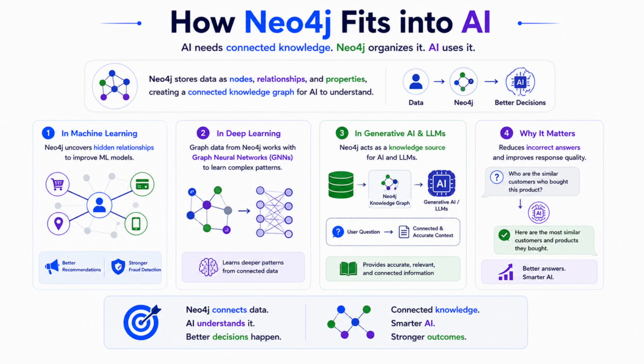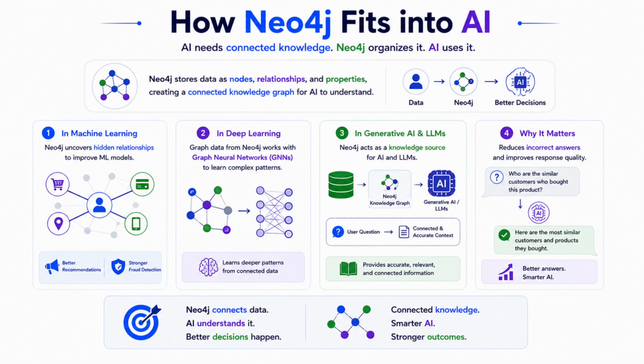In deep learning, graph-based data stored in Neo4j can be used with graph neural networks to learn complex patterns. In generative AI and large language models, Neo4j can act as a knowledge source. Before an AI model answers a question, it can retrieve accurate and connected information from Neo4j. This helps reduce incorrect answers and improves response quality.